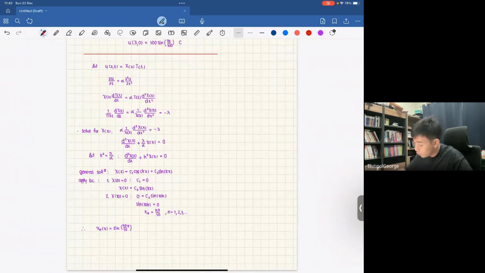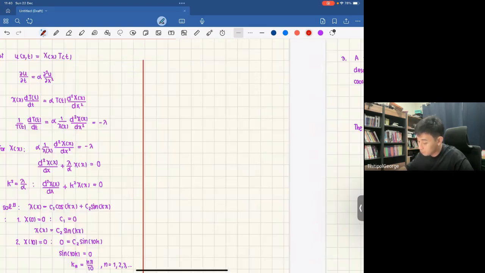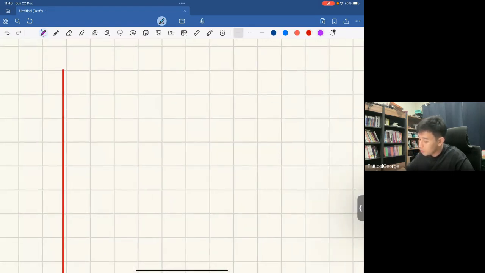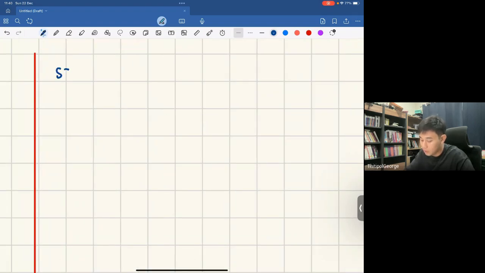Now let me solve for T. This one is the time dependent equation, so it depends on time.